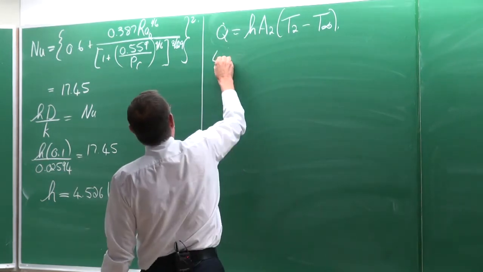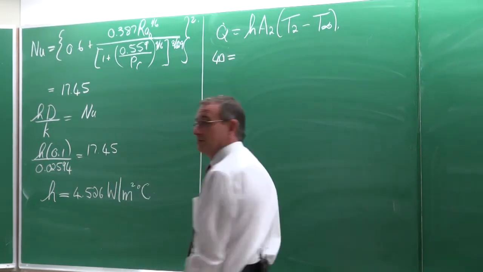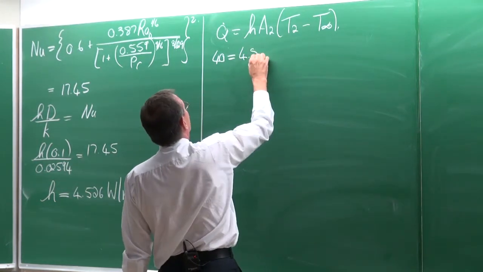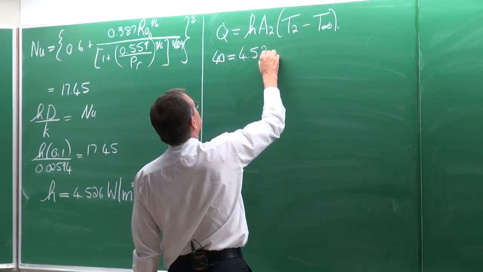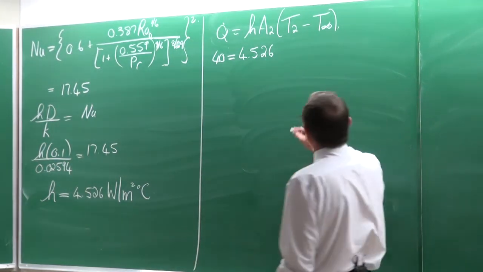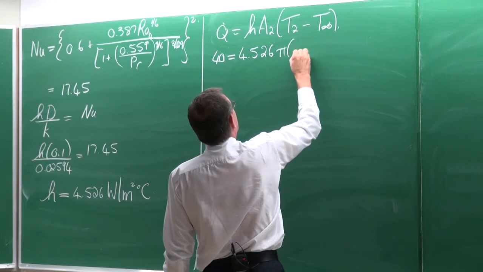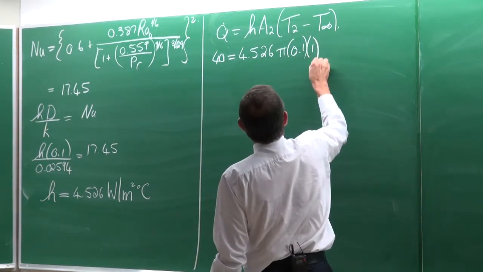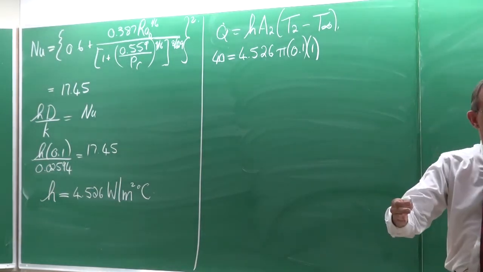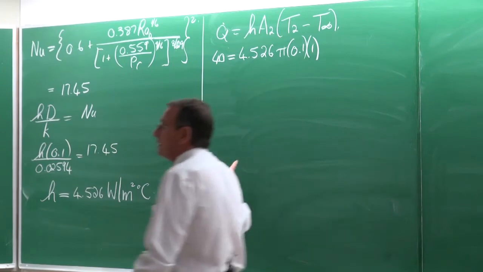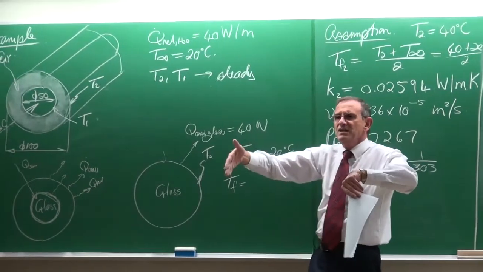So I'm going to say, well, the heat transfer rate is 40. It's equal to the heat transfer coefficient, which is equal to 4.526, multiplied by the surface area, which is equal to pi, multiplied by the diameter, multiplied by a length of 1 meter. So the 40 watts that they've given us, remember, the net heat transfer rate would be 40 watts per meter.